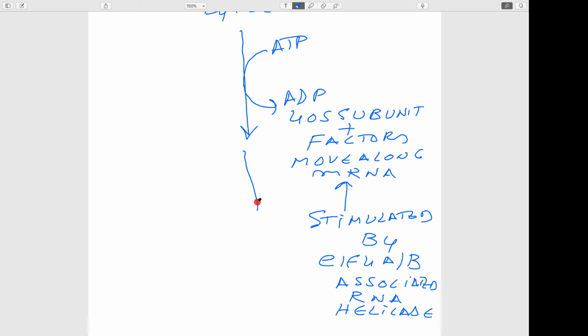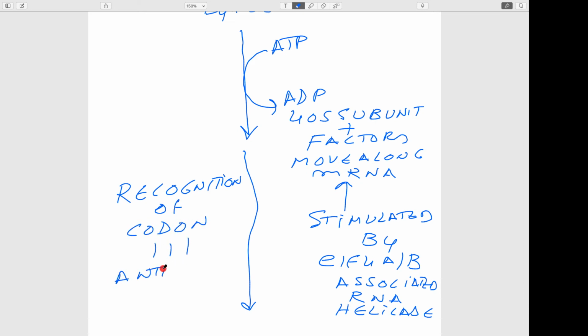So how do they find the AUG? This is the AUG, and this is the aspect, because the recognition of codon and anticodon. Anticodon in the transfer RNA, codon in the messenger RNA.